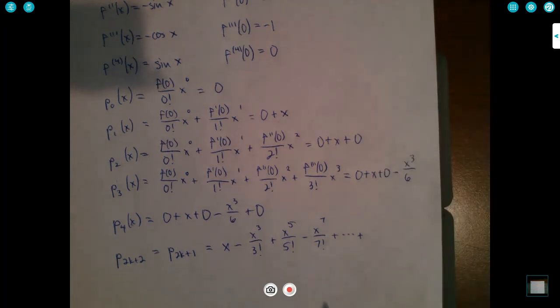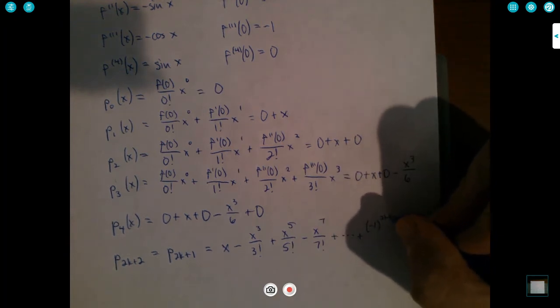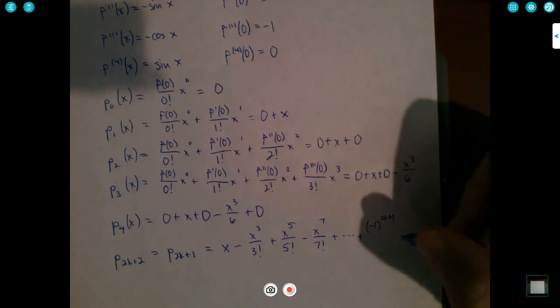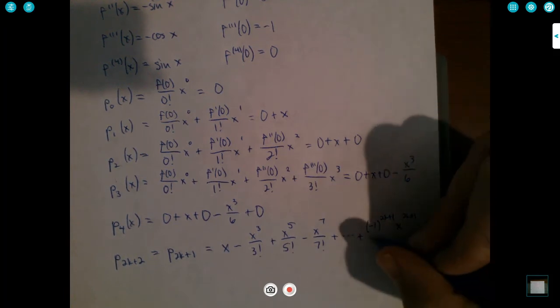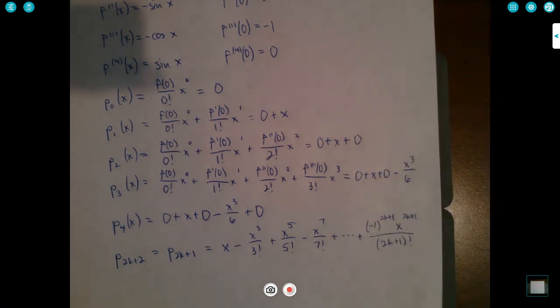The only thing that's bothering me is this negative. So what do we do about the negative? Well, it's going to be negative 1 to the 2k plus 1, x to the 2k plus 1 over 2k plus 1 factorial.